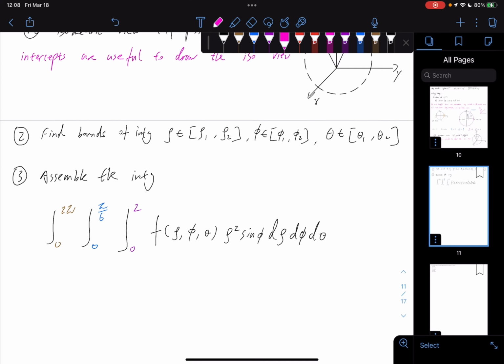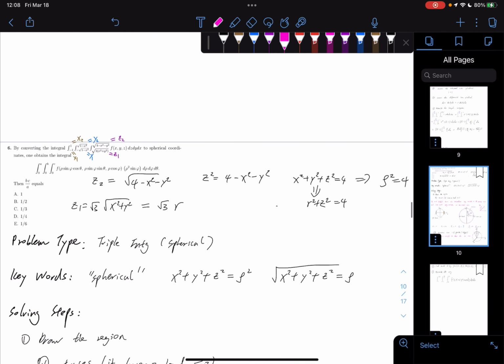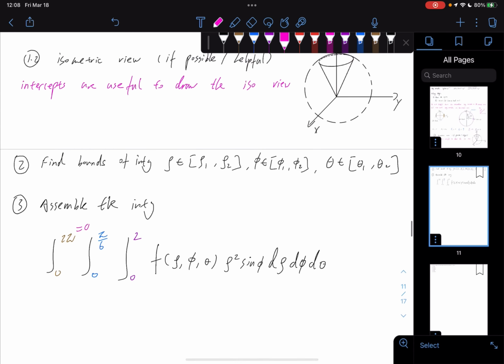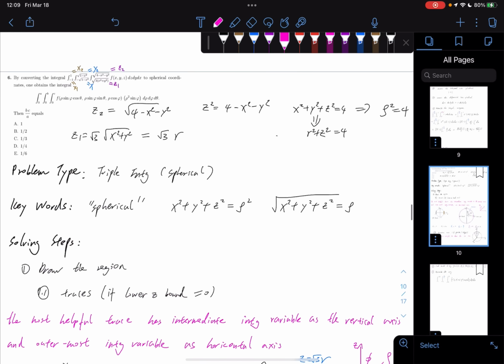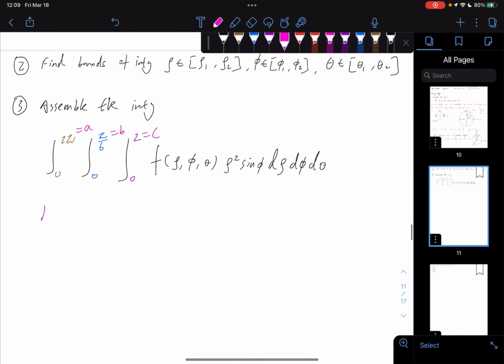So the upper bounds are A, B, C, so A equals 2 pi, B equals pi over 6, C equals 2. They want to find BC over A. BC over A is just pi over 6 times 2 over 2 pi.